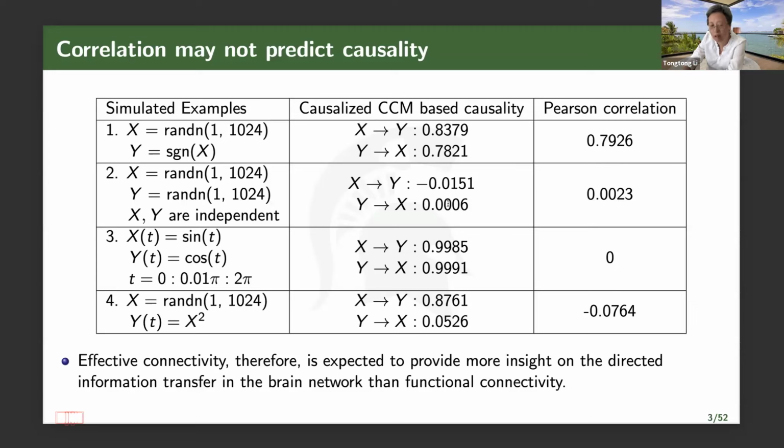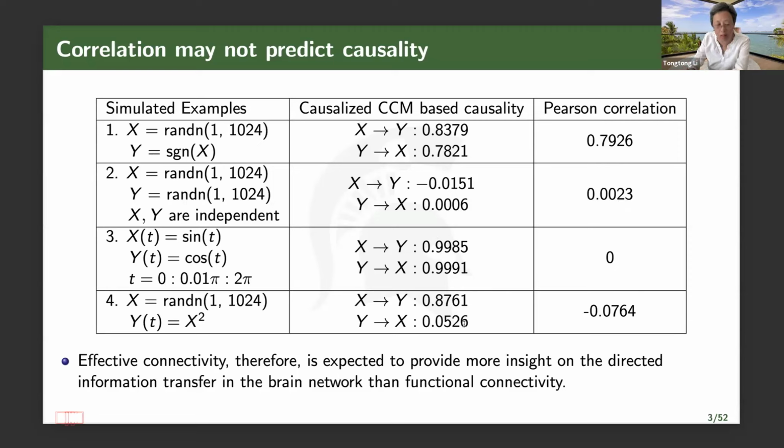When Pearson is small, causality could be small, could be large on both sides, and could be large on one side and small on the other. Which means Pearson correlation cannot predict the causality. We're going to see the reason behind this.